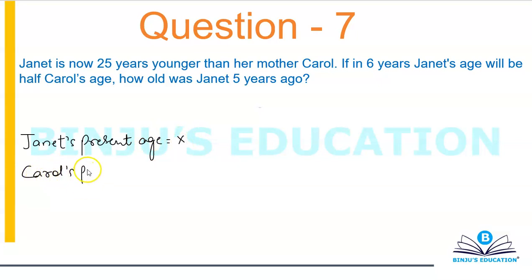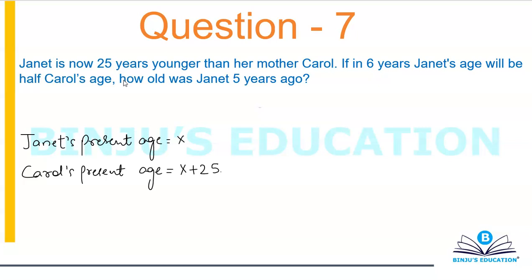So we can say that Carol's present age will be x plus 25, because Janet is now 25 years younger than her mother Carol. So Janet's present age is x, so Carol's present age will automatically become x plus 25.